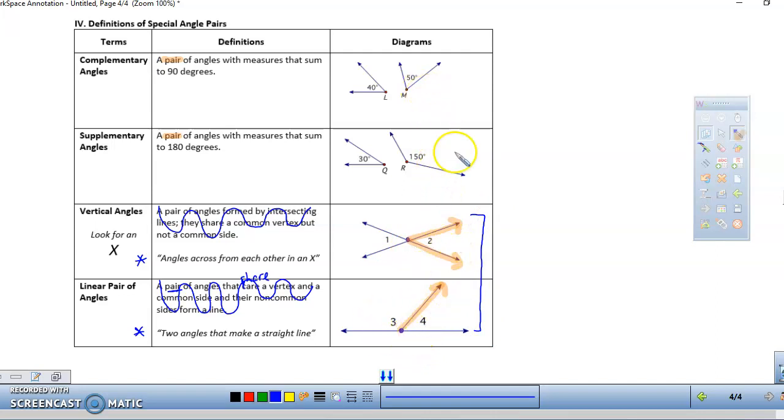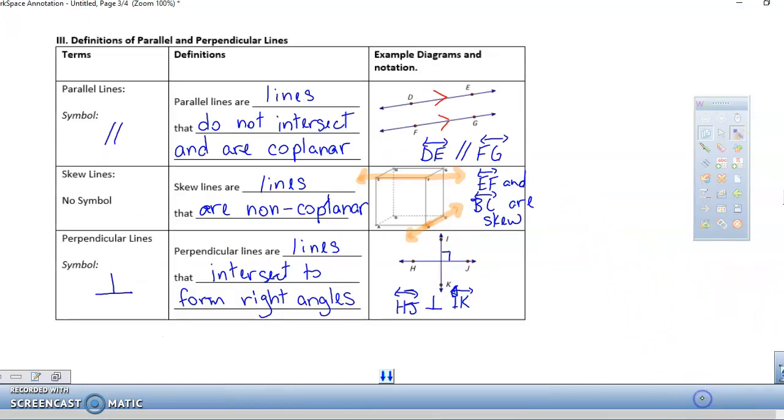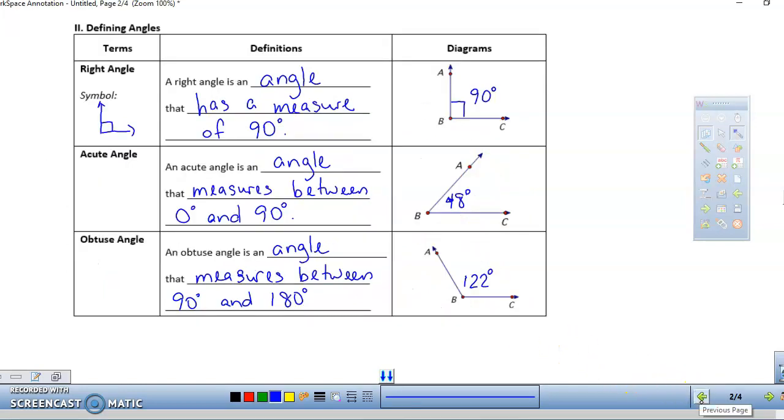Everything else up here, you may not assume. You have to have evidence of them, especially the parallel lines and especially the perpendicular lines. People get those wrong all the time because they assume them without having the evidence. You need evidence to assume those things. Same with all of these angles. You need evidence to know they are those special types of angles.